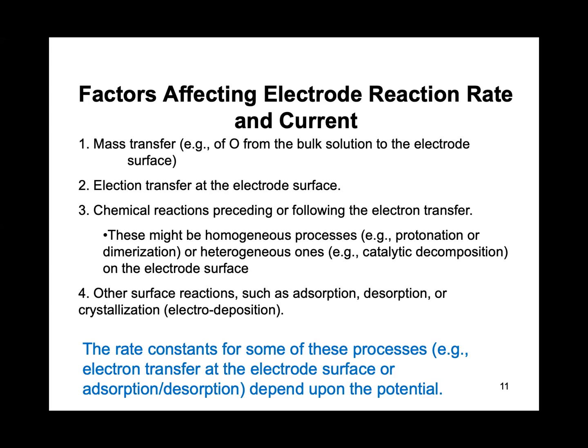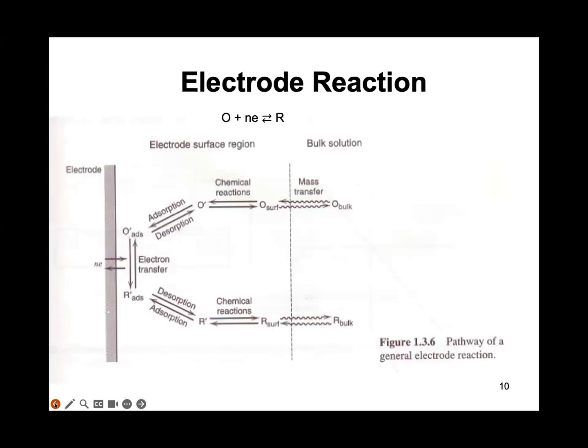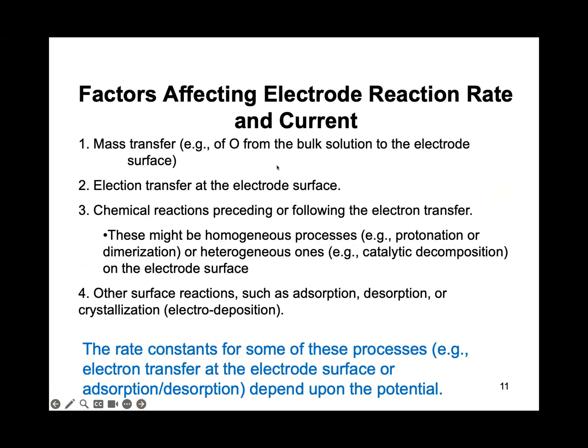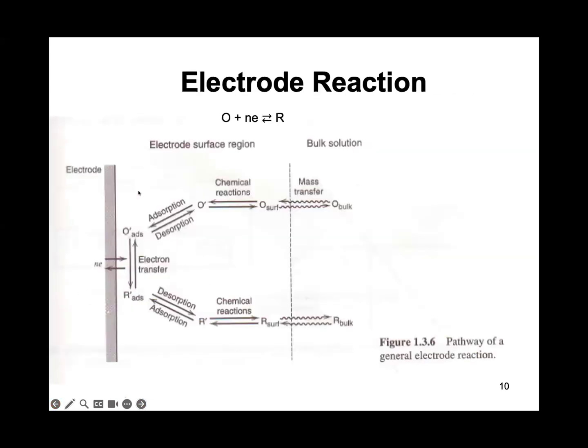We don't just use the original, bare electrode, but we do use a modified electrode in order to optimize electron transfer and also mass transfer. So we have to do some modification on the surface for the purpose of developing a sensor.